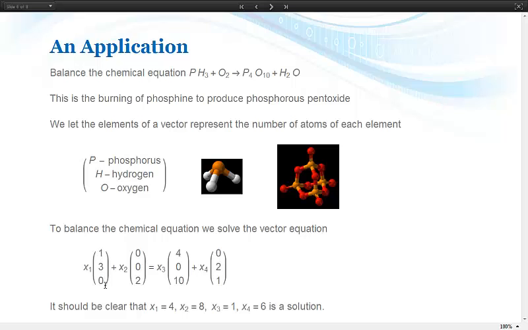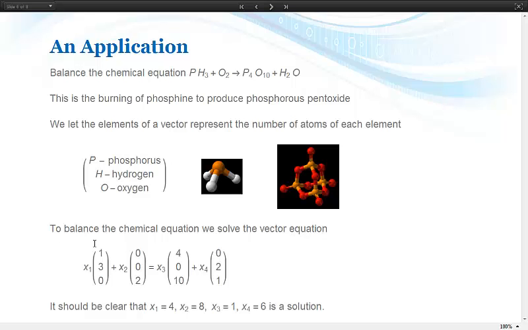So there's 1, 3, 0. For O2 it would be no phosphorus, no hydrogen, and 2 oxygen atoms. For my phosphorus pentoxide, there's 4 phosphorus atoms, no hydrogen atoms, and 10 oxygen atoms. And for my H2O, my water, there's 2 hydrogens and 1 oxygen and no phosphorus.